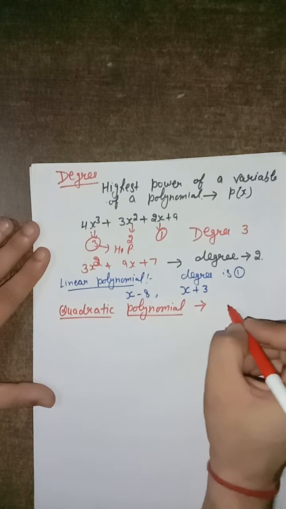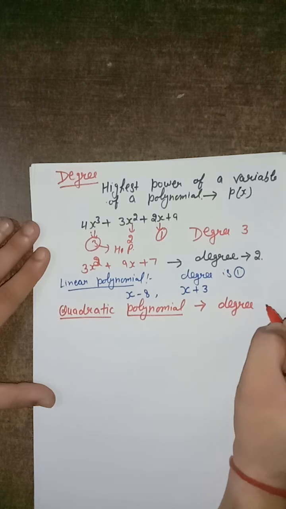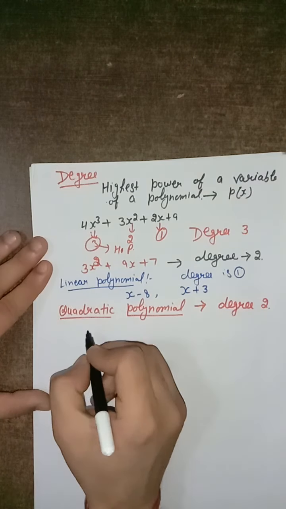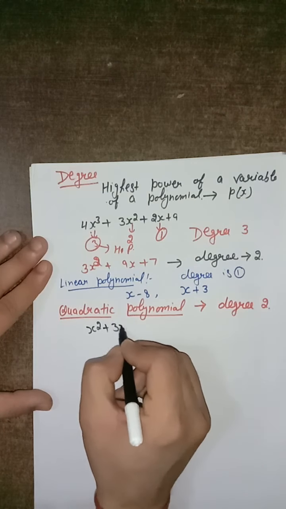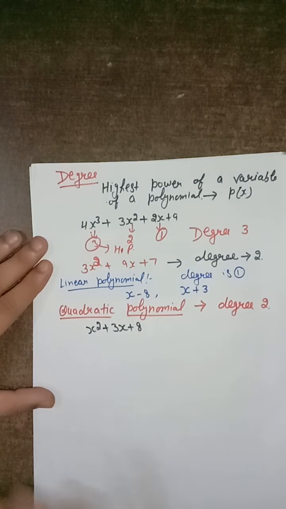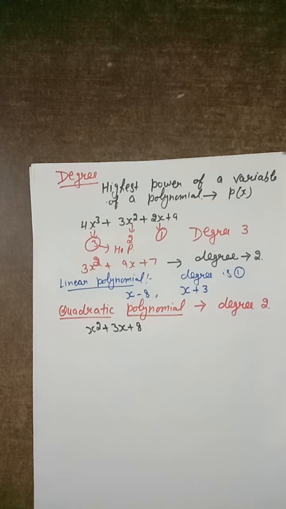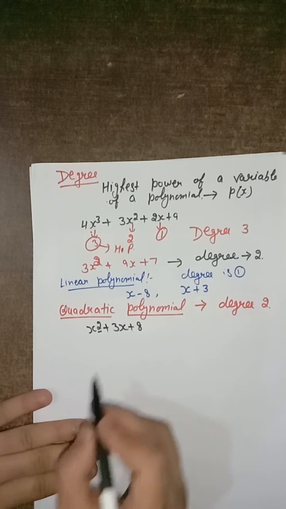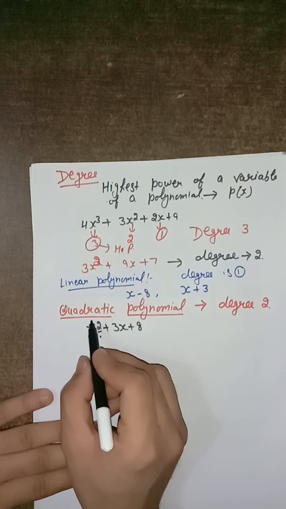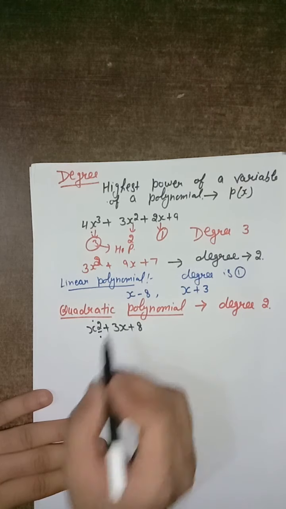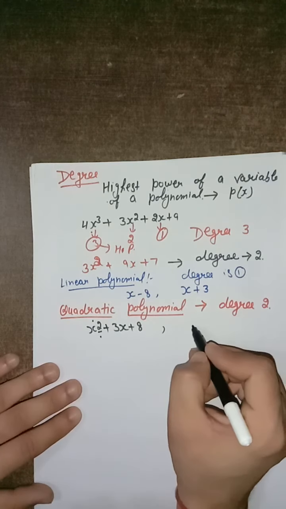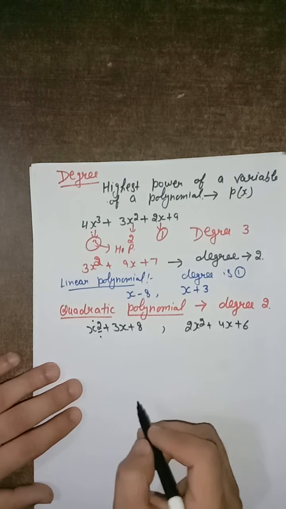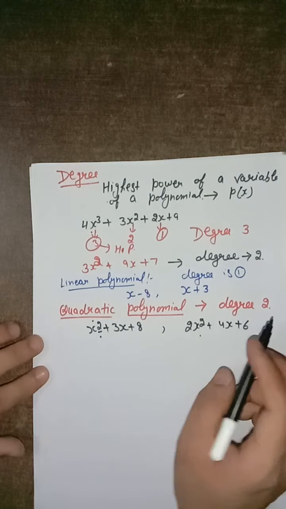Quadratic polynomial is one whose degree is 2. Like x² + 3x + 8. Here my degree is 2 because highest power is 2, and that polynomial is known as quadratic polynomial. Second example, 2x² + 4x + 6. This is also a quadratic polynomial.